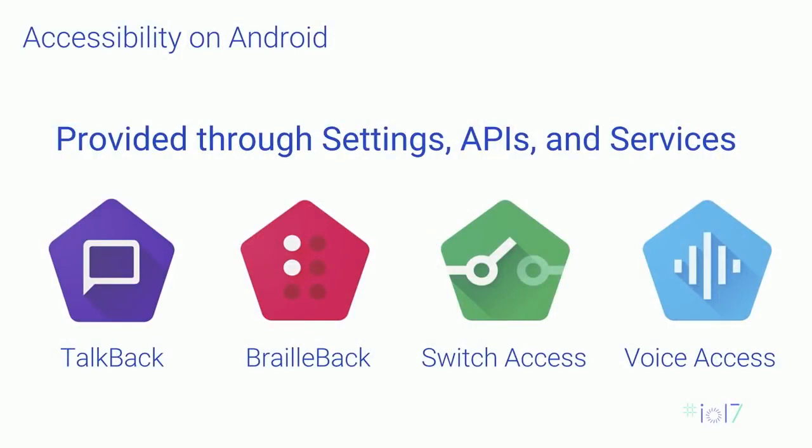So where does Android fit in? So in Android, we have a series of settings, APIs, and services for accessibility. So settings, these really allow users to customize how their device looks and feels, right? APIs allow developers to build out their apps in ways that meet the needs of users who have accessibility needs, and also allows us to build accessibility services.